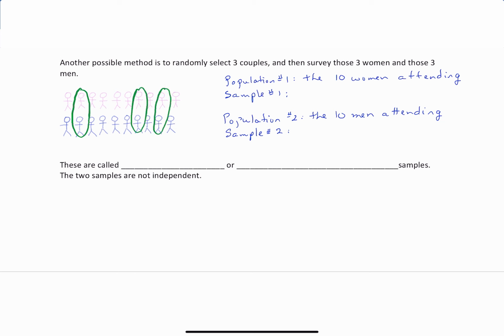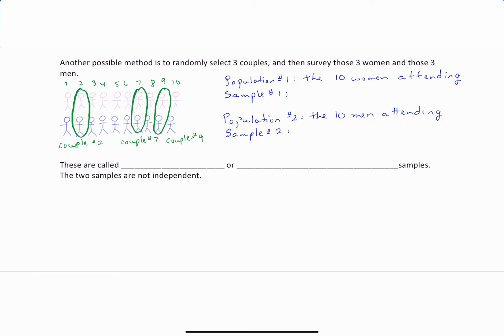Let's see, we've got 1, 2, 3, 4, 5, 6, 7, 8, 9, 10. So we randomly selected couple number 2, couple number 7, and couple number 9.